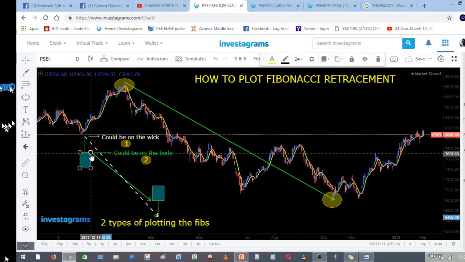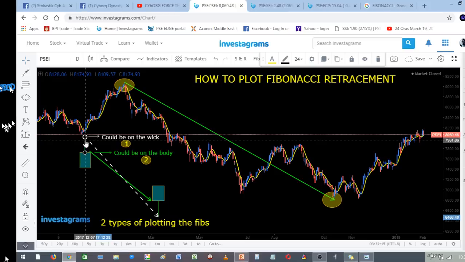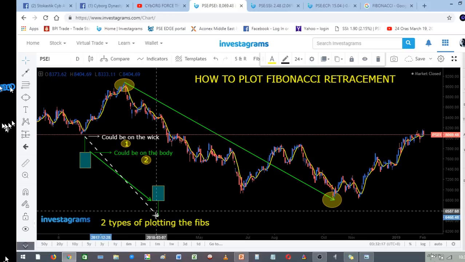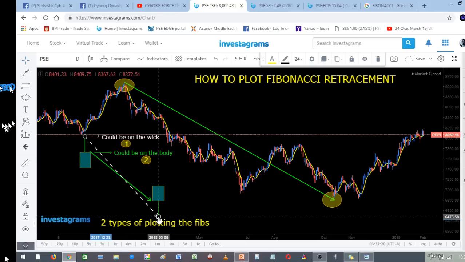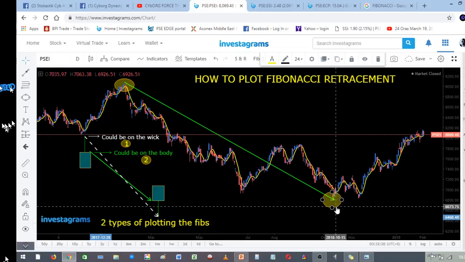You can project the Fibonacci from body to body, or from the top most of the wick to the lower portion of the wick. I have already encircled the top left portion of the candle of the stock and the lowest bottom portion of the stock.